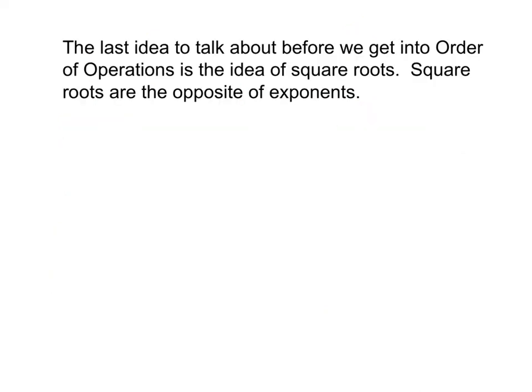The last idea to talk about before we get into order of operations is the idea of square roots. Square roots are the opposite of exponents. We know that 3 to the second power is equal to 9 because 3 times 3 is equal to 9. If 3 to the second power is equal to 9, then the square root of 9 is equal to 3.